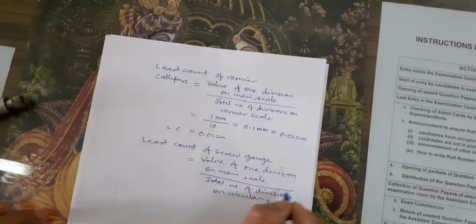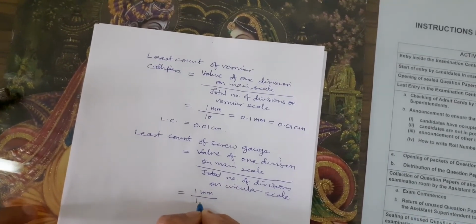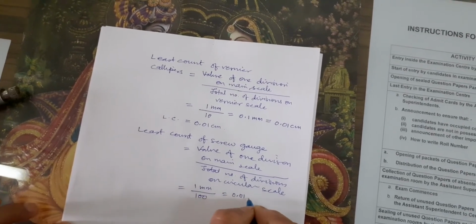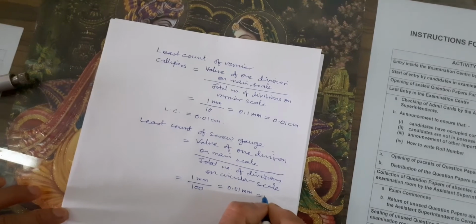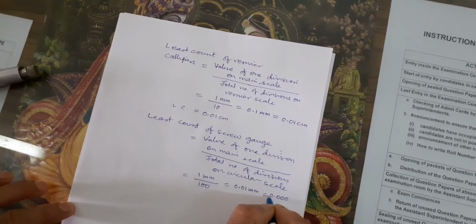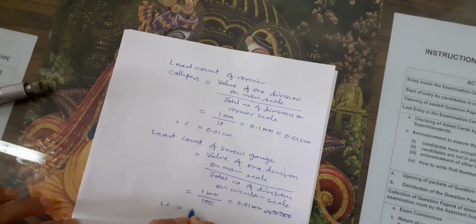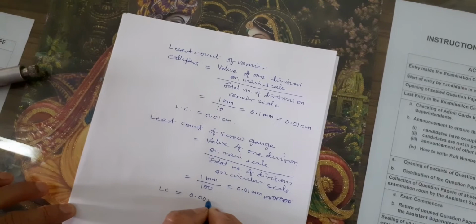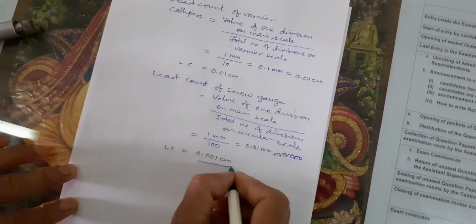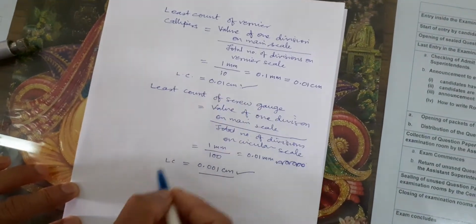So we have seen that the value of one division is 1 millimeter and the number of divisions on the circular scale is 100, so it is equal to 0.01 millimeter. In centimeter, it is 0.001 centimeter. So this is the least count of screw gauge and this is the least count of Vernier calipers.